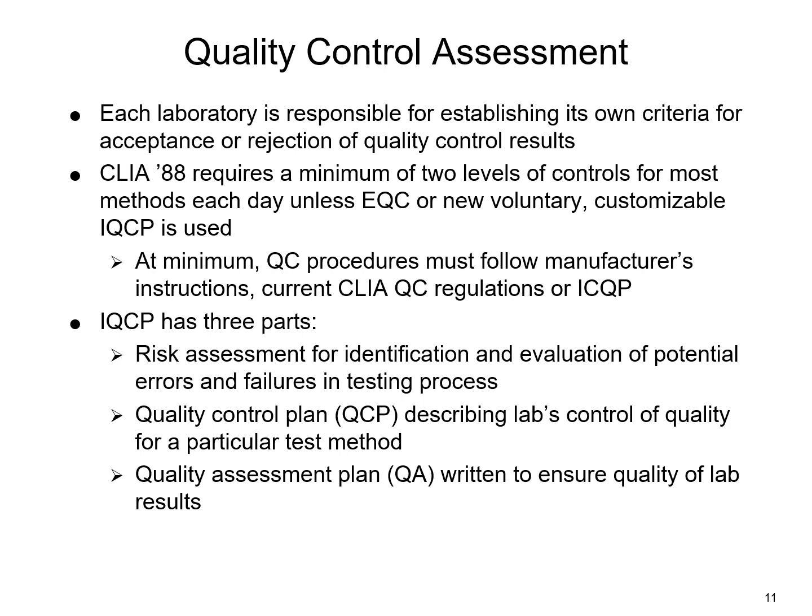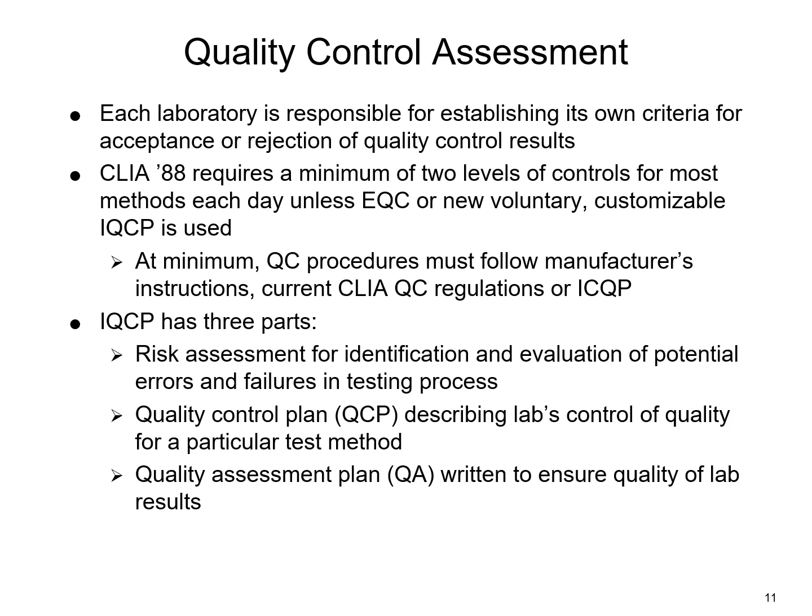At minimum, the QC procedures must follow the manufacturer's instructions, and you must have done the studies to determine that you meet the current CLIA regulations, or you've developed the IQCP and you are able to prove that your current quality control plan is effective enough to catch any sort of errors.